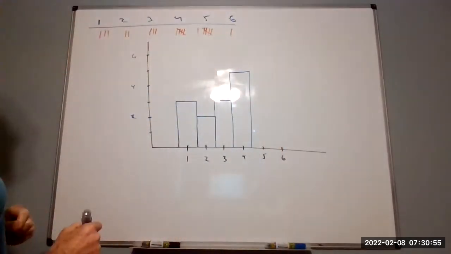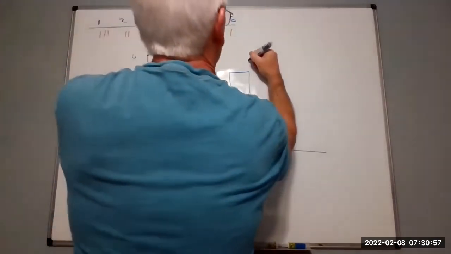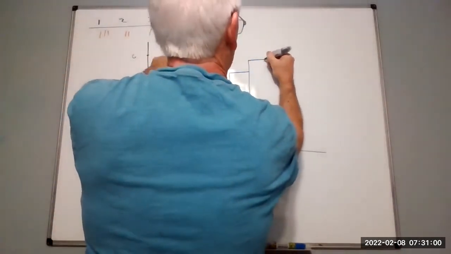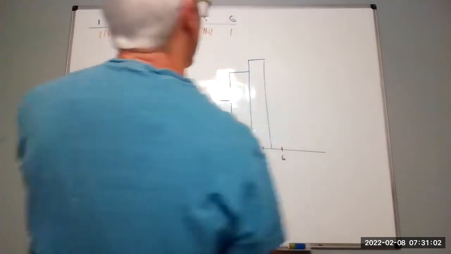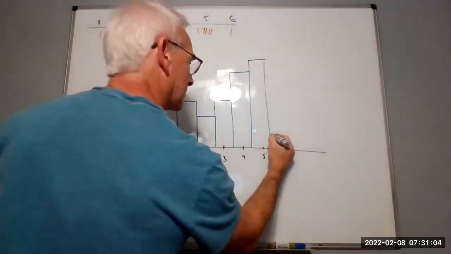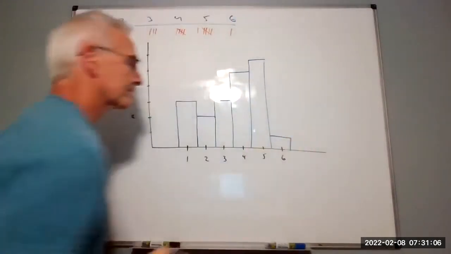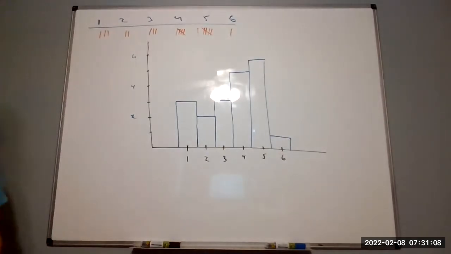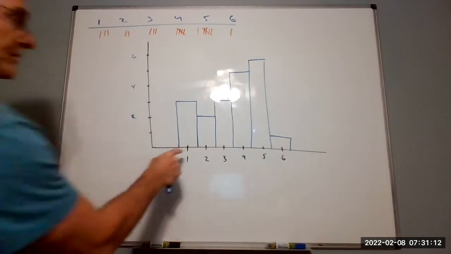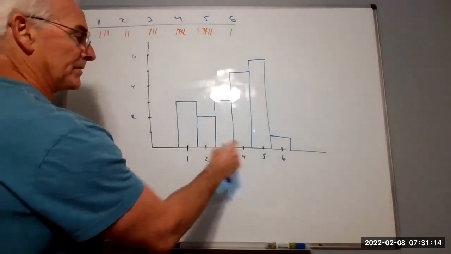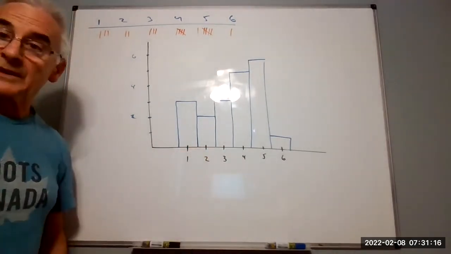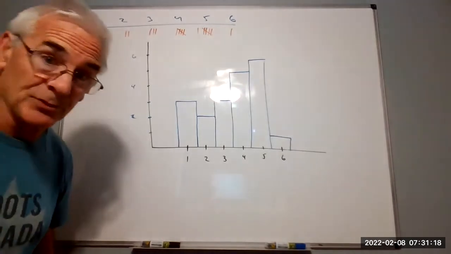The number 5 happened 6 times. And the number 6, it only happened 1 time. Okay, so here's a visual representation of my outcomes, and each outcome is centered in the rectangle. So it makes it really simple to interpret.